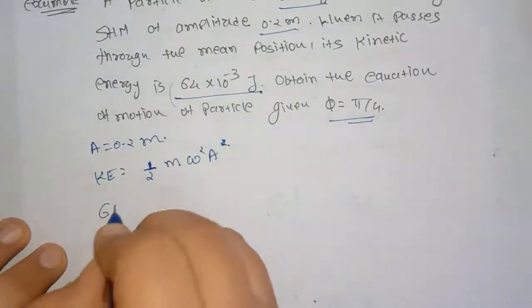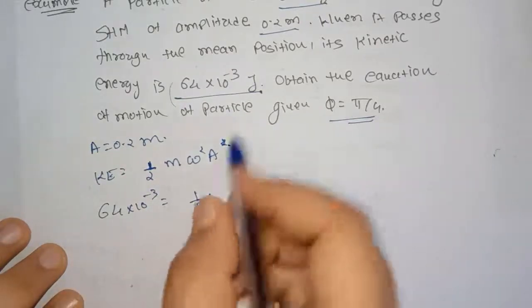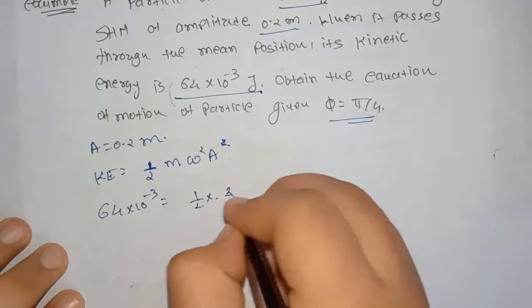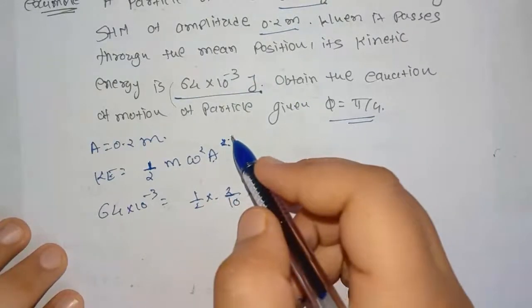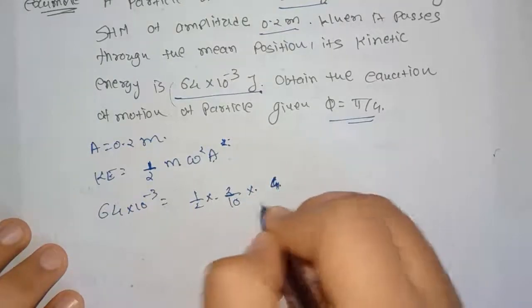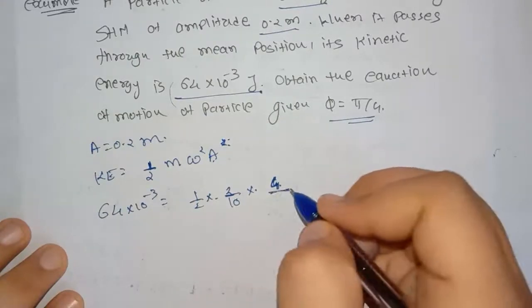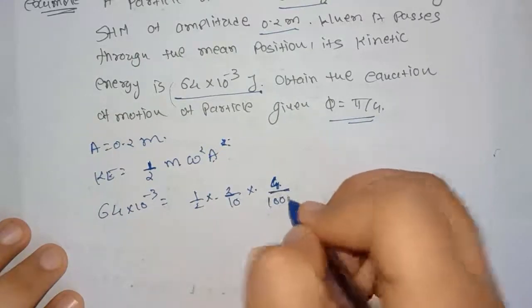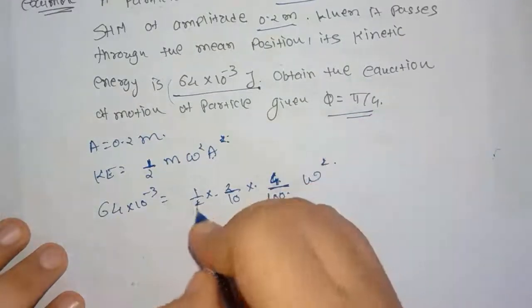Kinetic energy is given, 64 into 10 power minus 3, is equal to half into mass, 0.2, into A square, that will be equal to 4 divided by 100 into omega square. This 2 will get cancelled out.